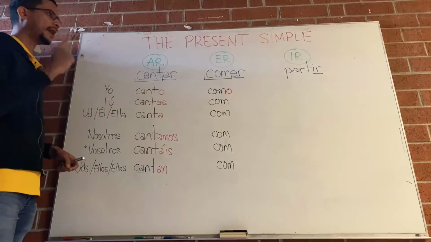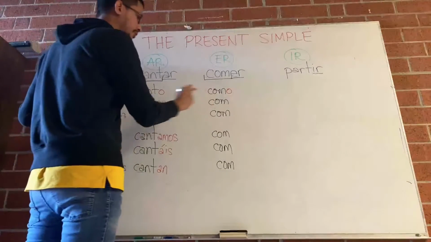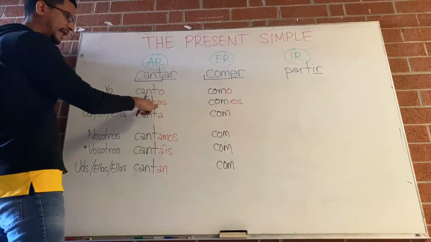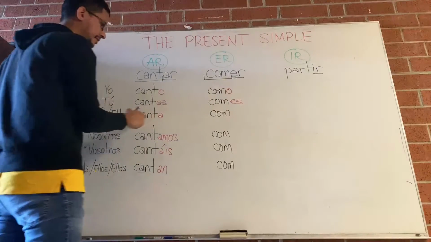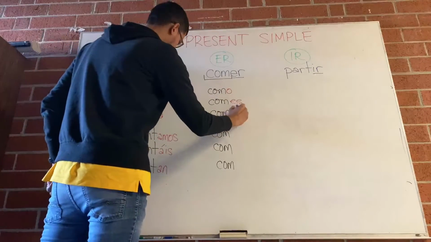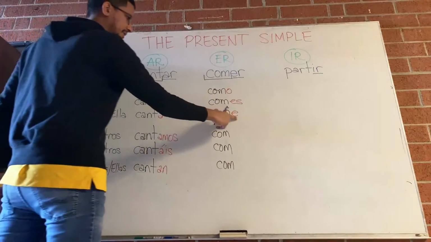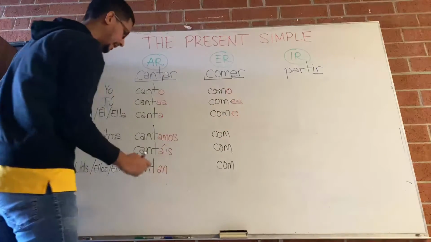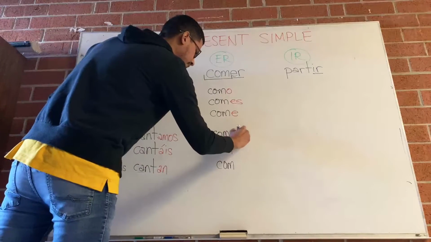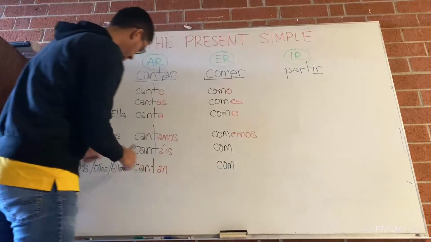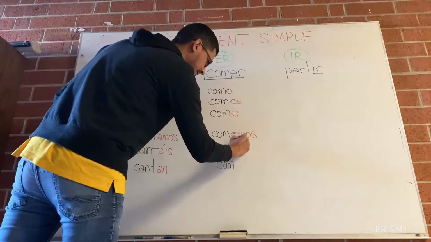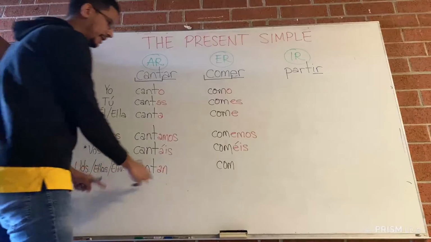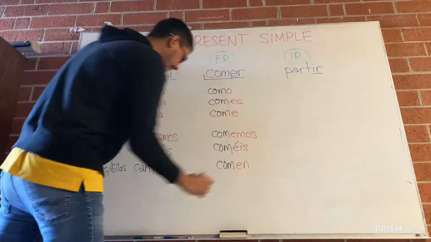So this would be yo como. That means I eat. And then tú comes, that would be you eat, right? There is a difference. This is AS and this is ES, right? Él come, and this is E here, él come. The pronunciation is come, right? Nosotros comemos, vosotros coméis, this is just in Spain, and then ustedes, ellos, or ellas, comen, right?